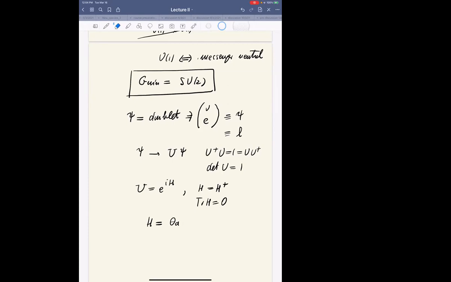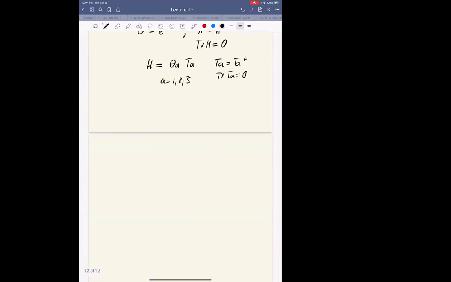Why don't I write in general H as a sum of T_A, where T_A are Hermitian and traceless, obviously, just like H, and A goes from 1 to 3. There must be 3 of them because they are traceless, not 4. There would be 4 if they were not traceless. And T_A, as you know, are the celebrated Pauli matrices, T_A is sigma_A over 2, this you know.